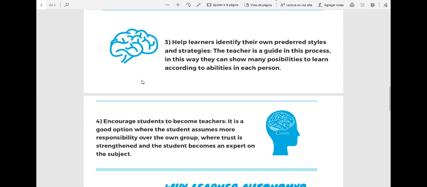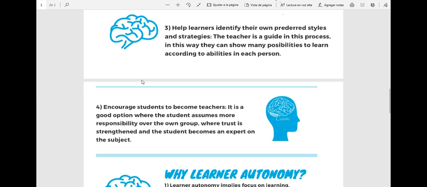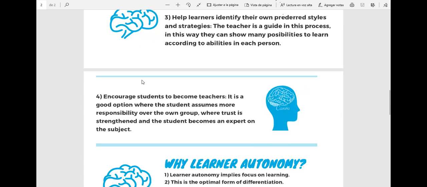Okay, and the last is encourage students or motivate them to become teachers in order to have the students assume more responsibility about their own group.